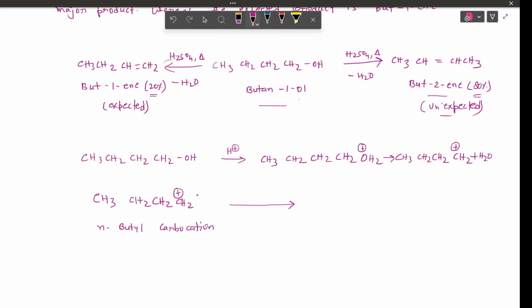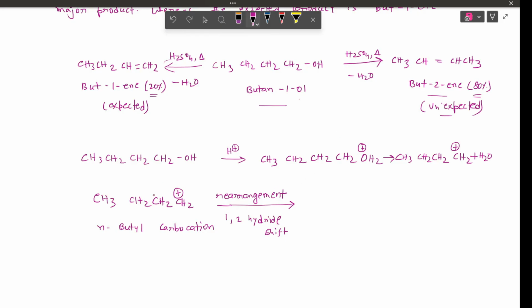Here is a possibility of rearrangement, that is, for more stability of carbocation. So rearrangement, that is here, a 1,2 hydride shift is the possibility.